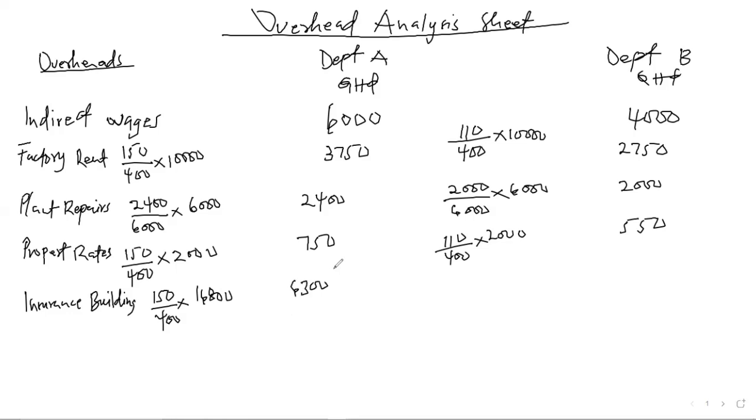So 150 over 400 times 16,800 will give us 6,300. Then we move to department B, which is 110 divided by 400 times 16,800, which will give us 4,620.